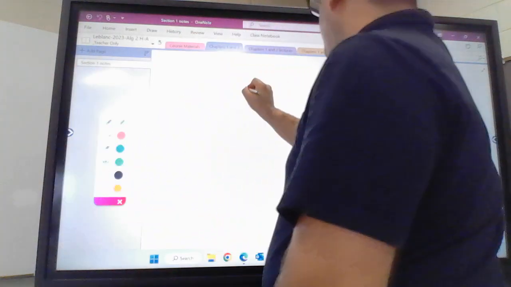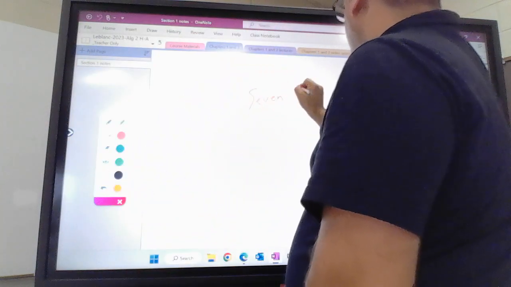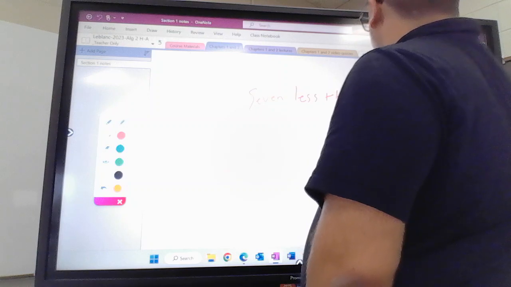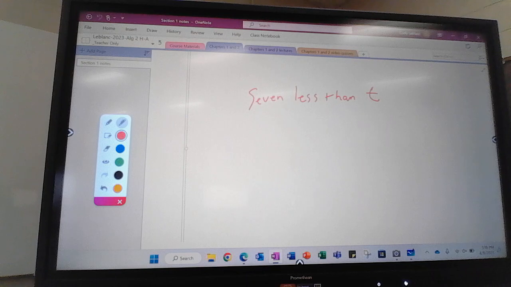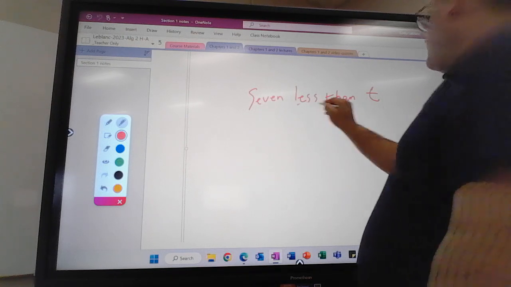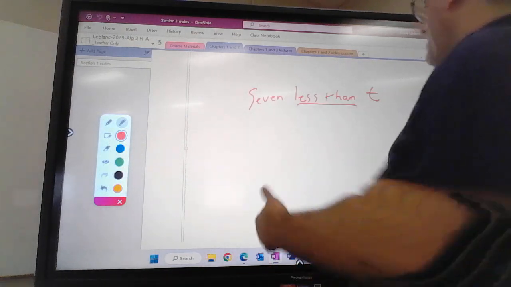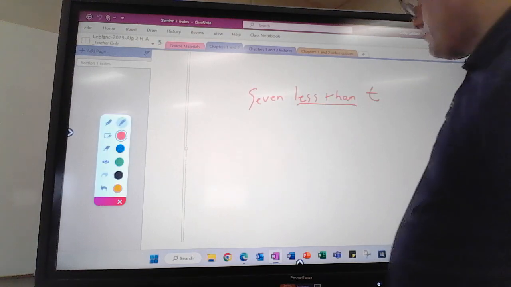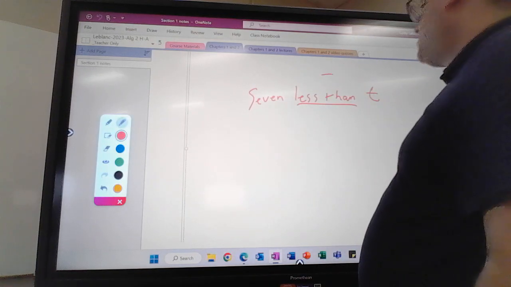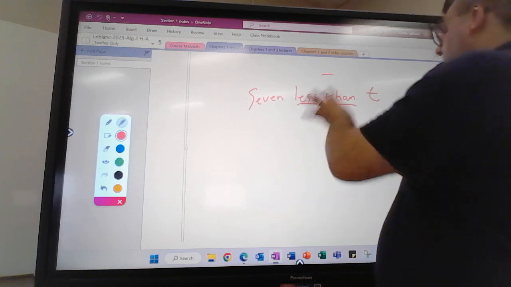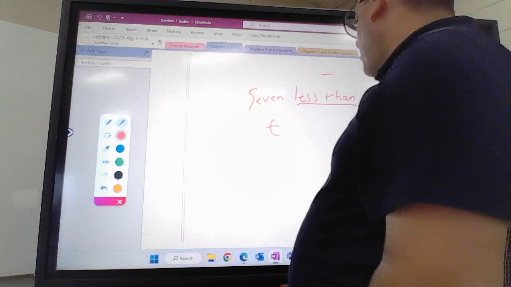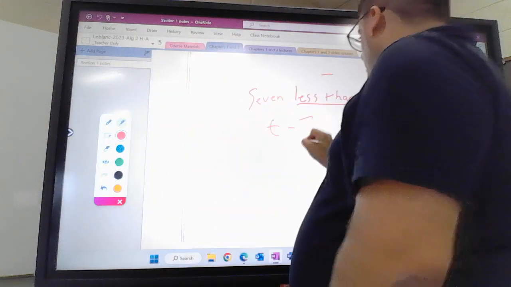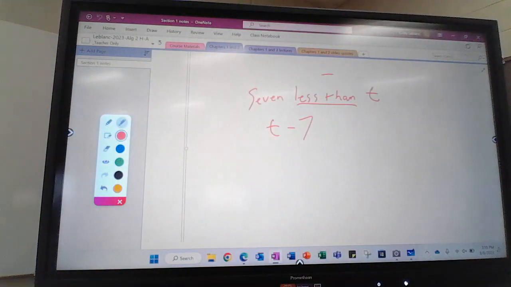So let's say 7 less than the letter T. We have to pay attention to keywords like less than, greater than, or 7 times that. Less than implies subtraction. So if I'm taking 7 less than T, what I'm doing is I'm taking that number and I'm taking 7 away from that. Okay, that's an example of an expression, right?